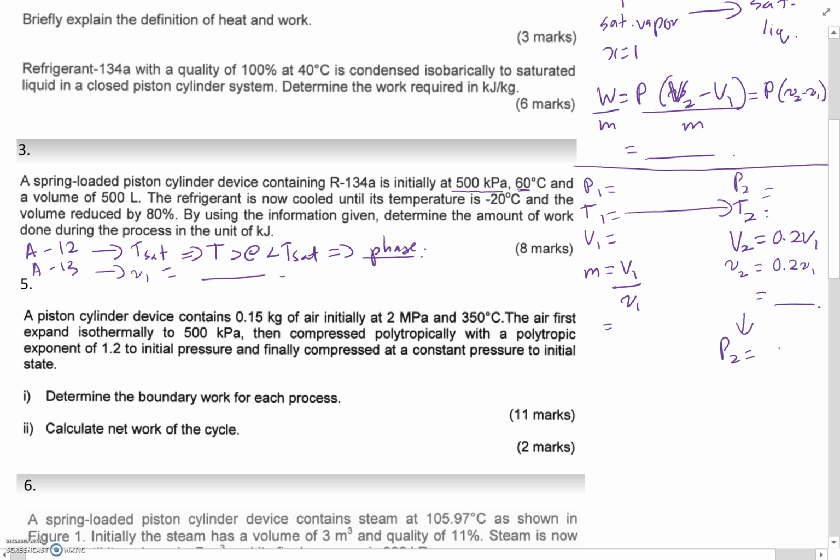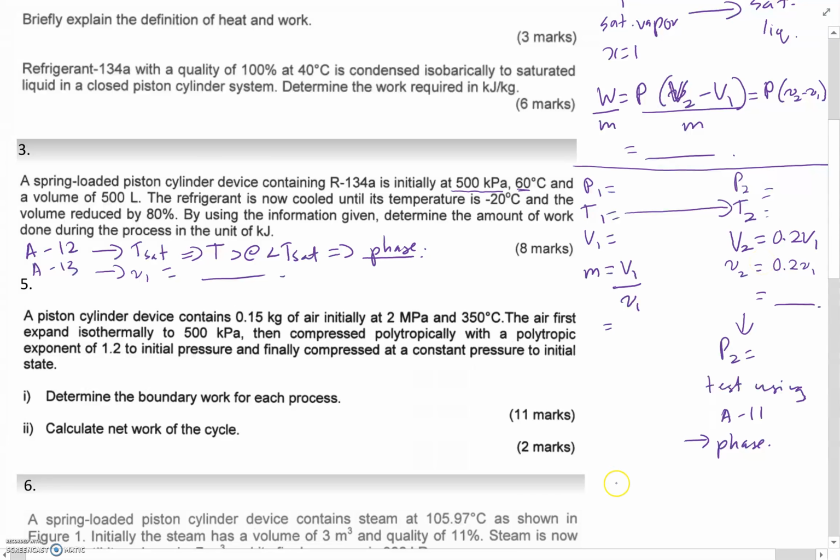How can you get it? Test using A11. What is the phase? If it's a mixture, P2 is saturated, so P2 is equal to P sat. If it's superheated vapor, you need to find the pressure in table A13.